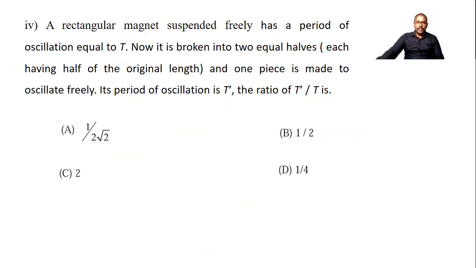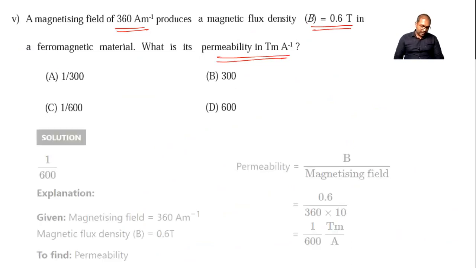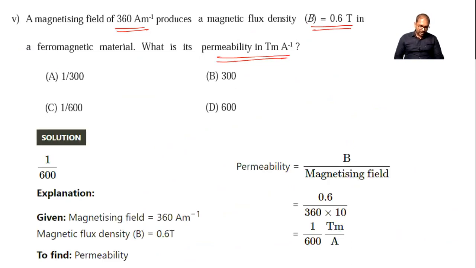Now after that, next one. Magnetizing field of 360 ampere per meter produces magnetic flux density 0.6 Tesla in ferromagnetic material. What is permeability? So we have to find out permeability. See here, the answer is also displayed here. Magnetizing field is given.